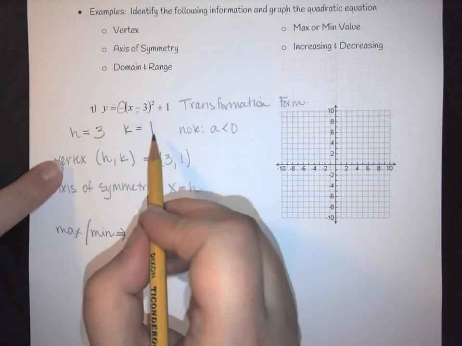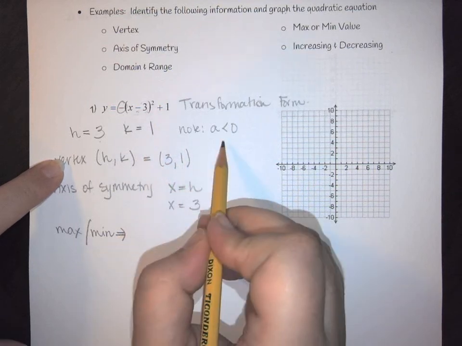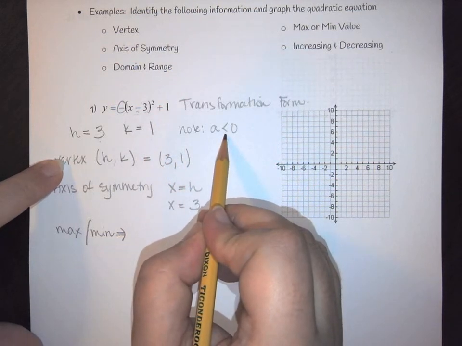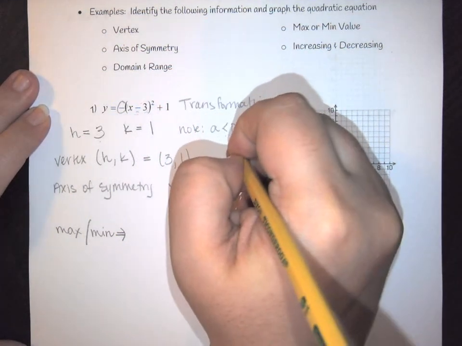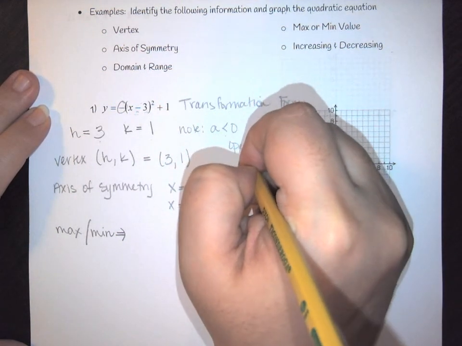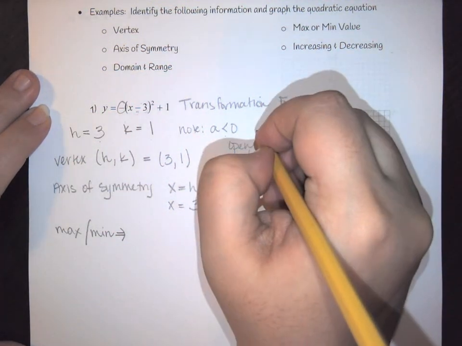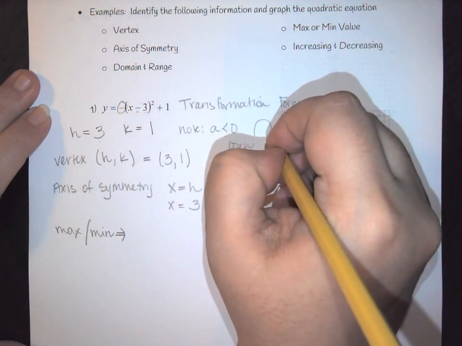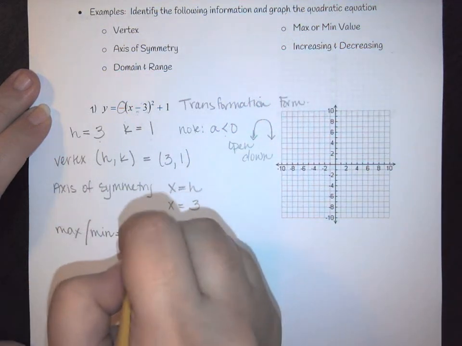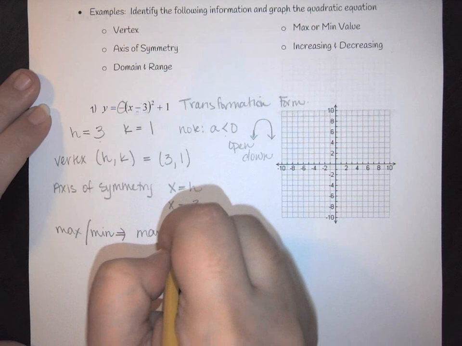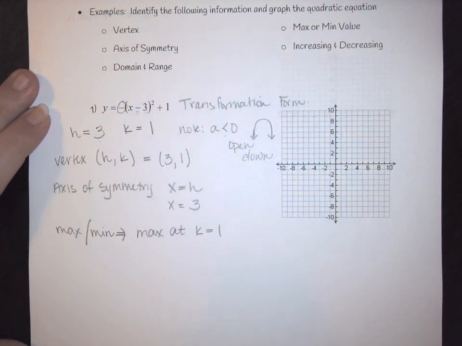So here I've got my k value, and I noted that my a was less than 0. This means that we are going to open down. Opening down essentially means that we are going to look kind of like a frown, which says that I have a max value, and it's going to occur at k equaling 1.